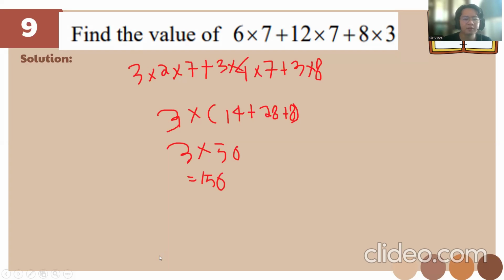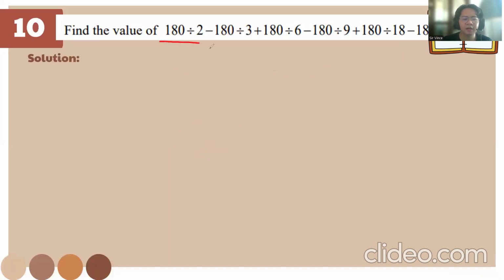And number 10, you can just directly subtract this. 90, 60, how much is this again? 180, 30, 20, 10, then this is 5. So if you minus this one, this is gonna be 30.